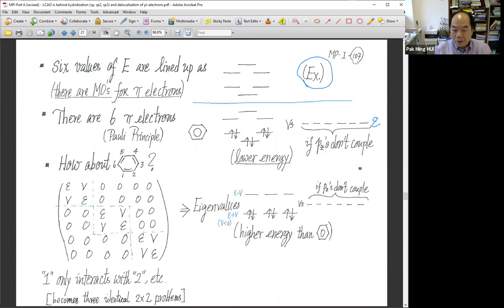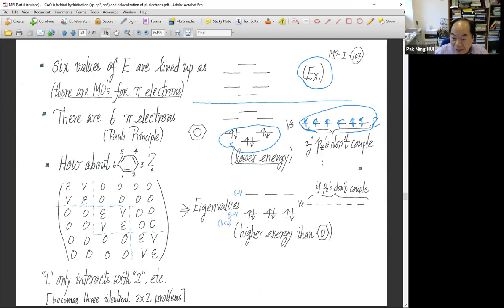So in this case, each one carries its own energy. Now you can compare the energy. Immediately you see all these are lower than the original atomic energy. Thereby, energy has been gained by doing this linear combination.